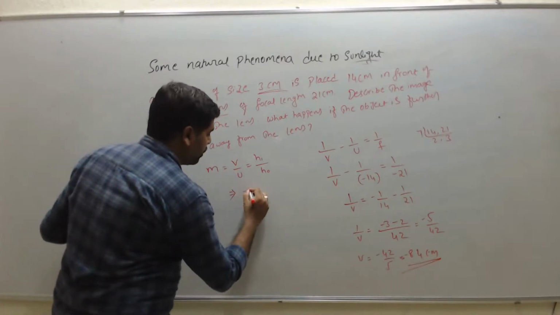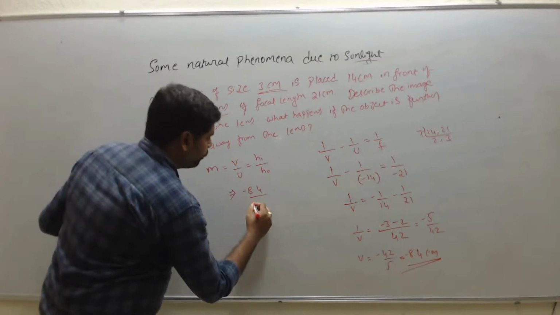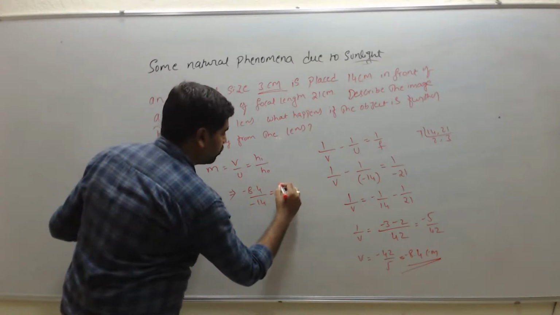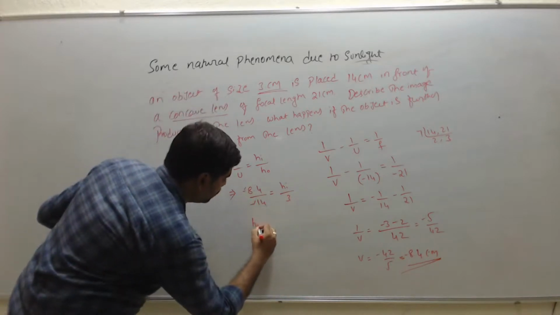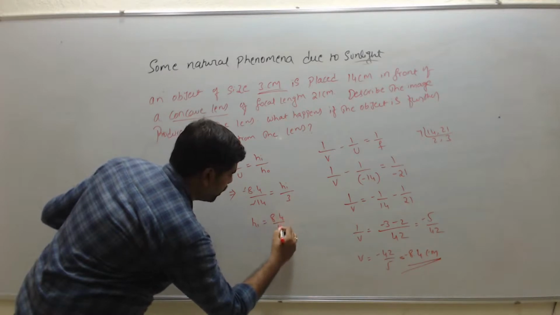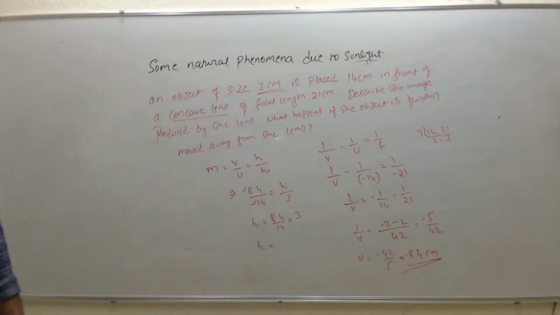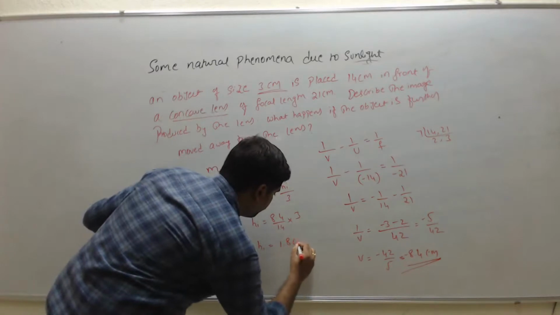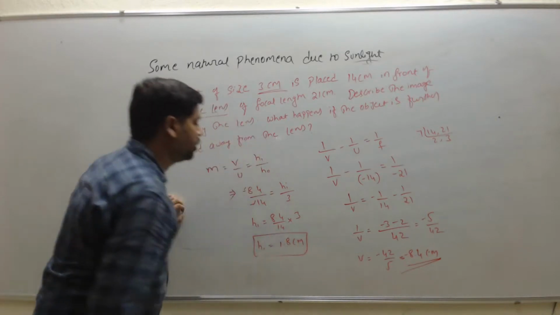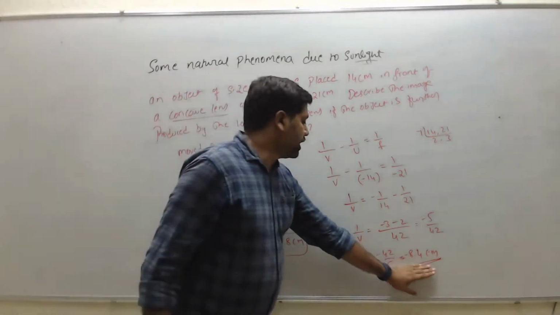The value of v is minus 8.4, the value of u is minus 14, equals h_i divided by 3. So minus and minus get cancelled. If we simplify 8.4 divided by 14 into 3, the height of the image equals 1.8 centimeter. So this is the height of the image, and this is the image distance.